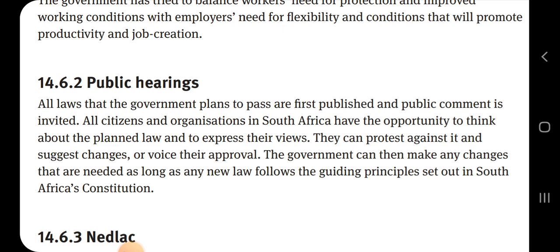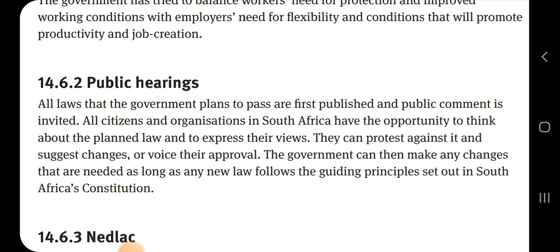And then there are public hearings. All laws that the government plans to pass are first published and public comment is invited. So whenever the government wants to put out a law like the BEE Act, there were conversations about it. It was put out there. People are able to comment and criticize it.